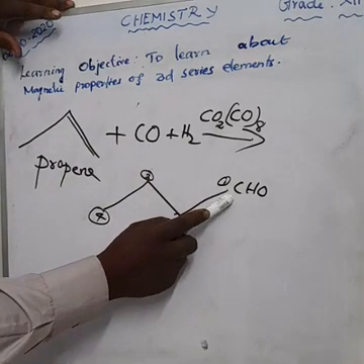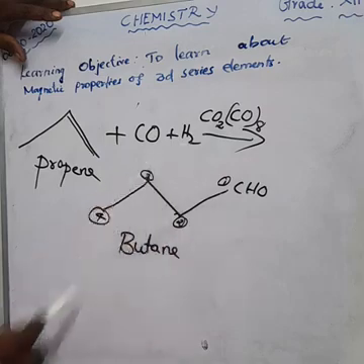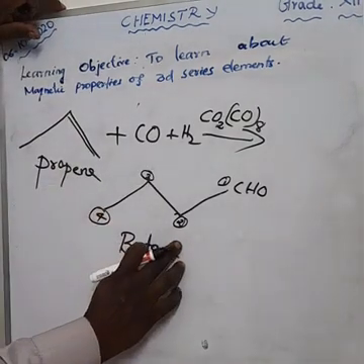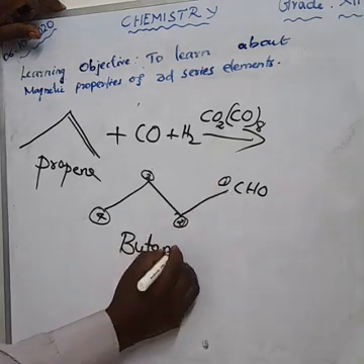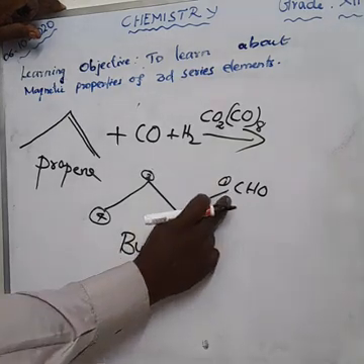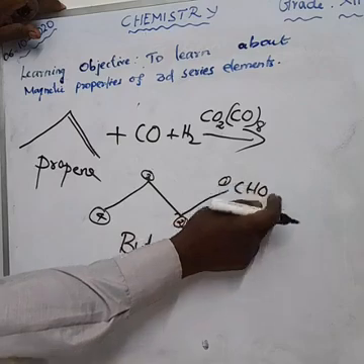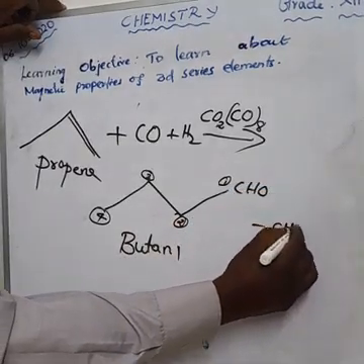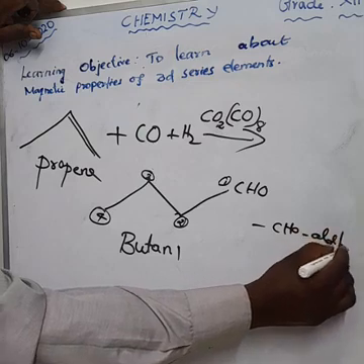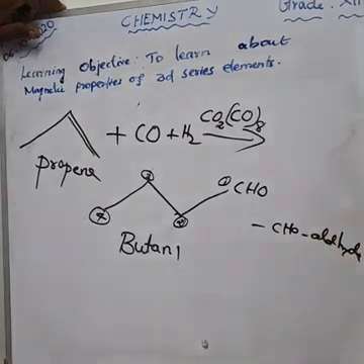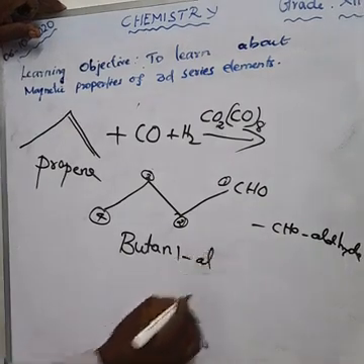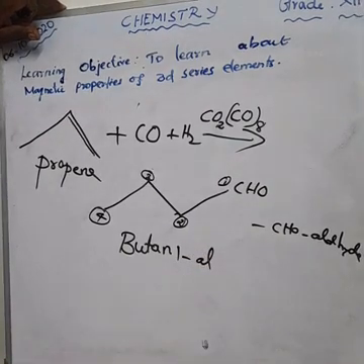The first position has the CHO group, that is aldehyde. For the IUPAC name of an aldehyde, we add the ending all.